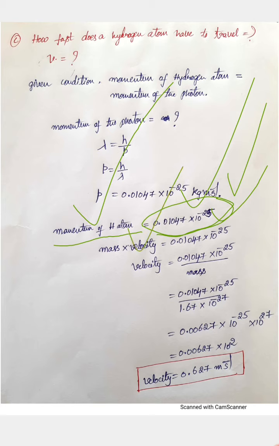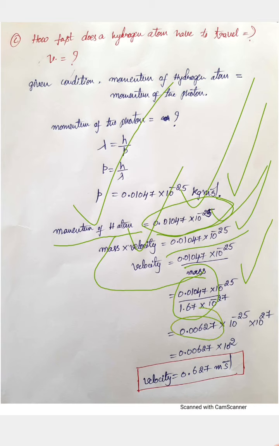Now momentum of the hydrogen atom, momentum is equal to what? Product of mass and velocity is equal to the same value written here. Next velocity is equal to, take this mass term to the RHS. It will be in the denominator, that is 0.01047 into 10 to the power minus 25 divided by mass of the hydrogen atom, that is nothing but 1.67 into 10 to the power minus 27 kg. Next, simplify this one, 0.01047 divided by 1.67.